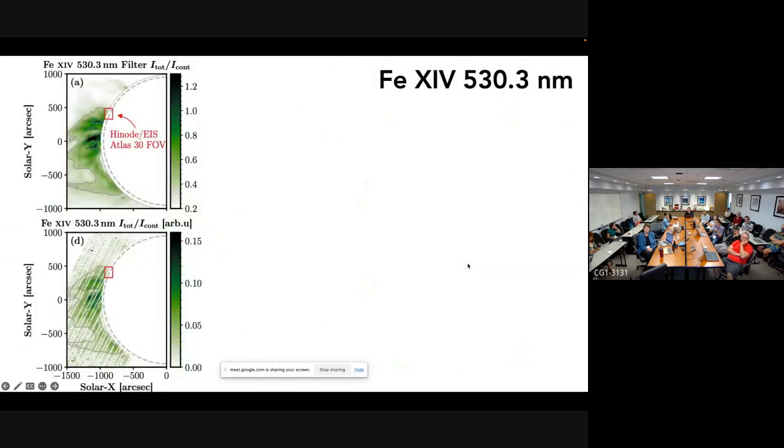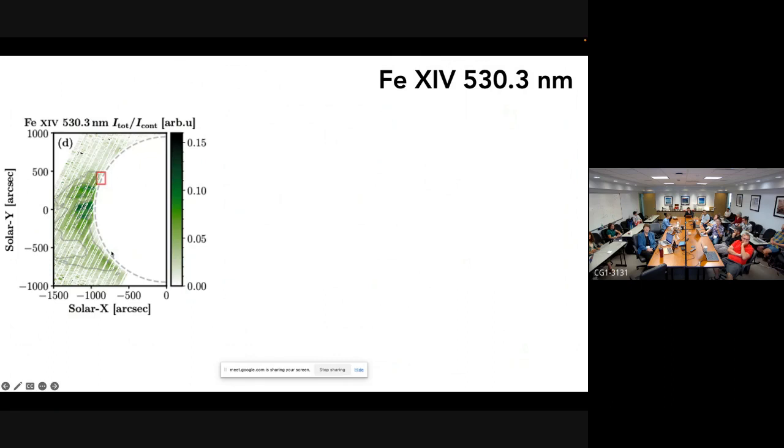So a little bit more look into our data. On the top panel is the narrowband imager of the Fe XIV, and here I compared it with the intensity to continuum ratio measured by the spectrograph, so they're co-aligned with each other.